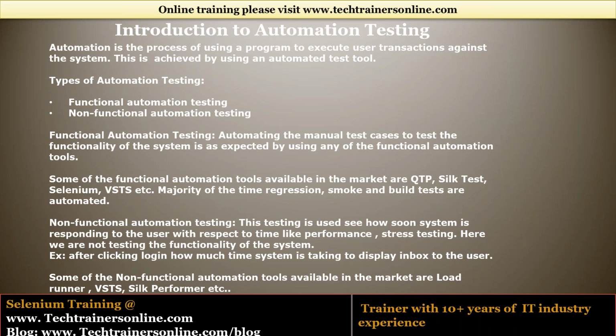Even for non-functional automation testing, there are so many tools available in the market from different companies, like LoadRunner, VSTS, Silk Performer, JMeter, etc. So when you want to choose your career in automation testing, you can either go for functional automation testing, or you can go for non-functional automation testing, which is typically known as performance testing.